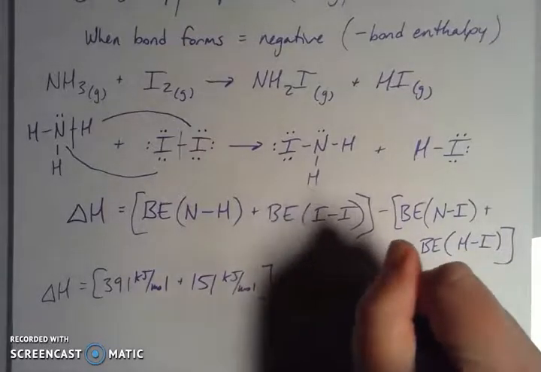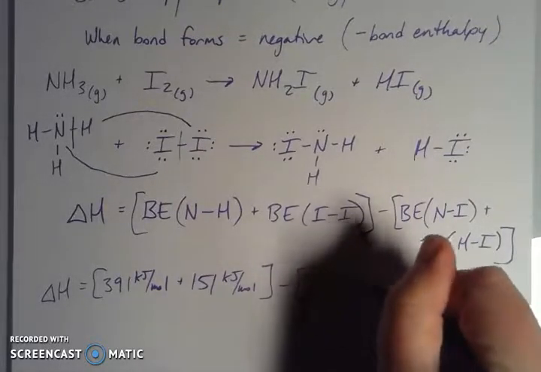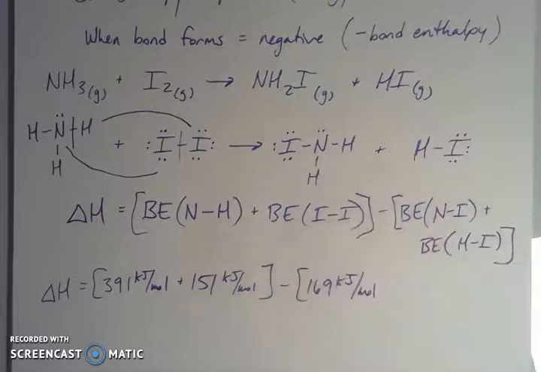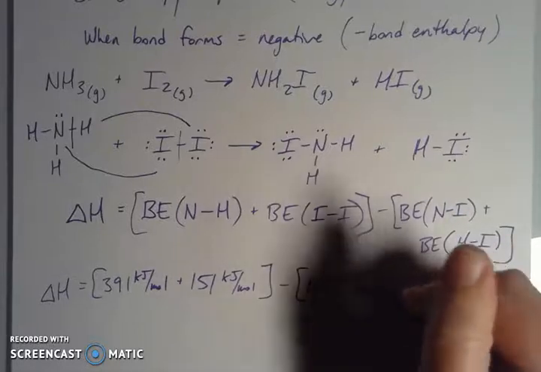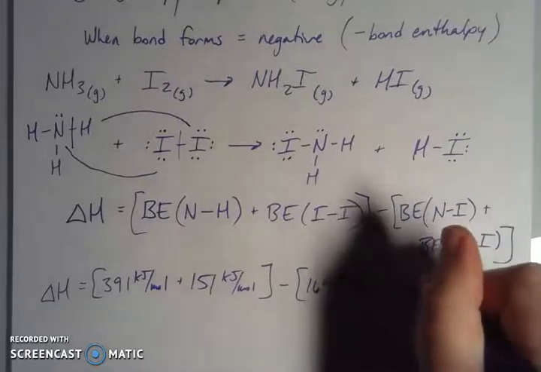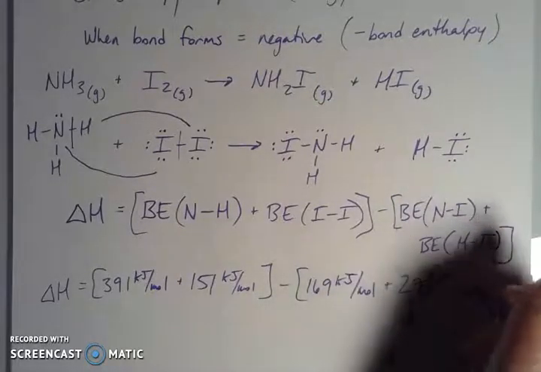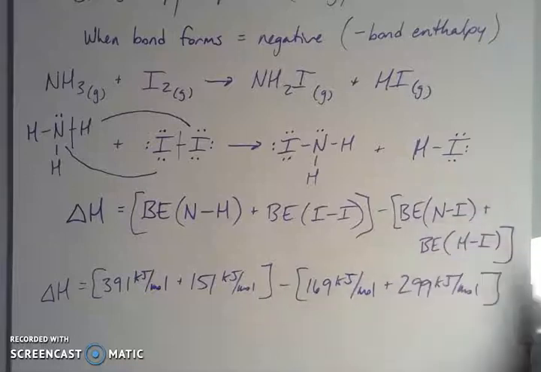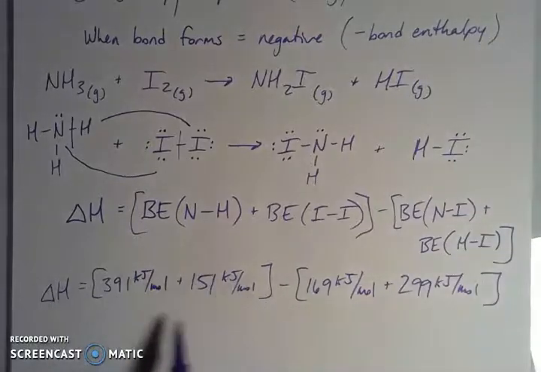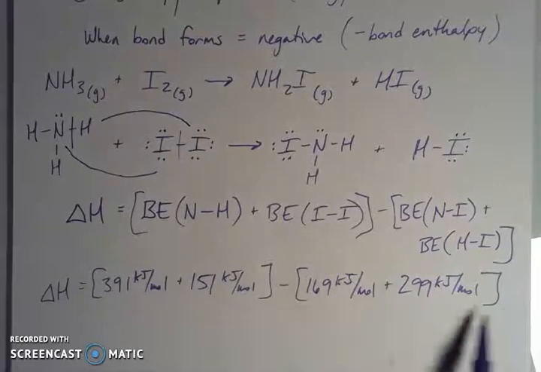And here's the number of kilojoules per mole for the bond enthalpy of my nitrogen to iodine. And then I'm going to add to it my 299 kilojoules per mole. This is my hydrogen iodide. So again, the sum of my reactants minus the sum of my products.